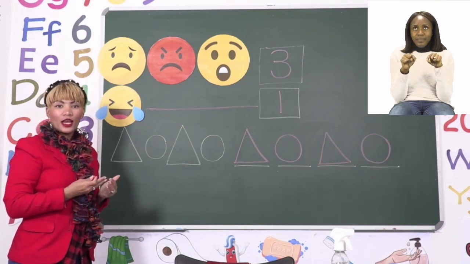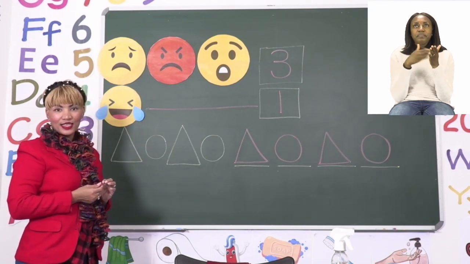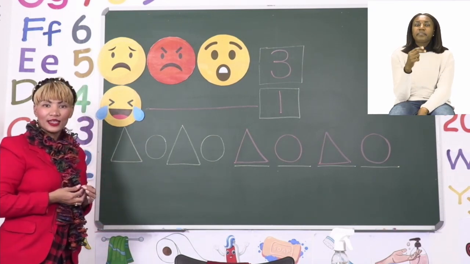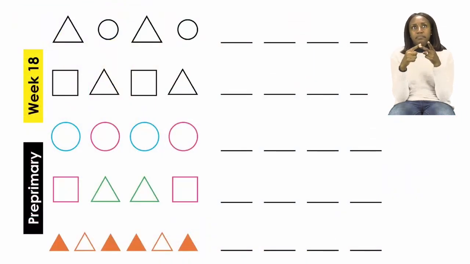Now, let's go back to page 26 and see if we can do the second pattern together as well. Let's look at the second pattern. What shape do you see first in the second pattern? It's a square.